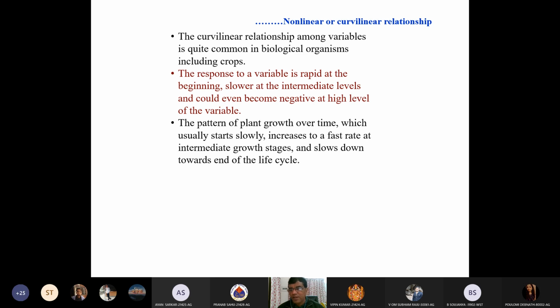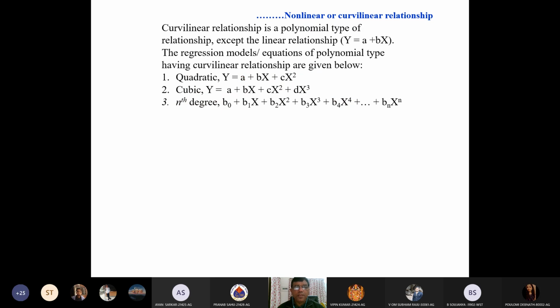In the beginning it may be very slow, then very fast, then it will start decreasing. The rate of growth changes. Therefore, it is a curvilinear or non-linear relationship, a polynomial type of relationship, except the linear relationship, which is linear.